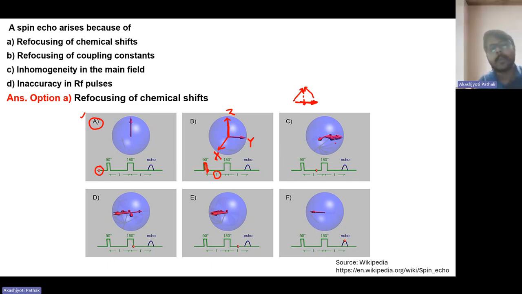So if it is a 180-degree pulse, that means the magnetization will get deviated by an angle of 180 degrees from its initial position.